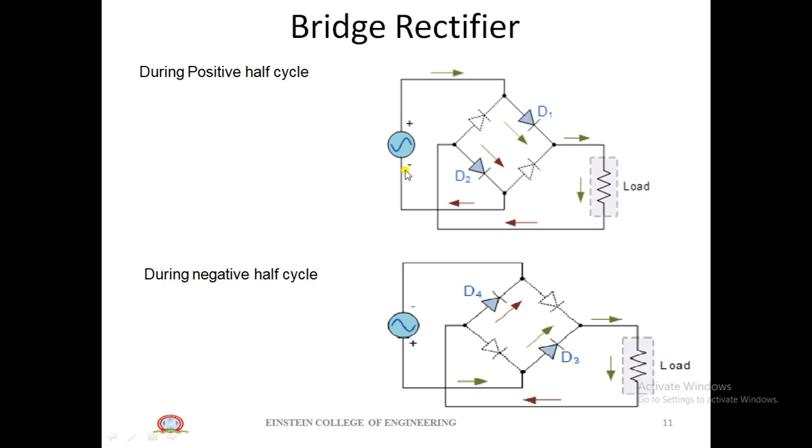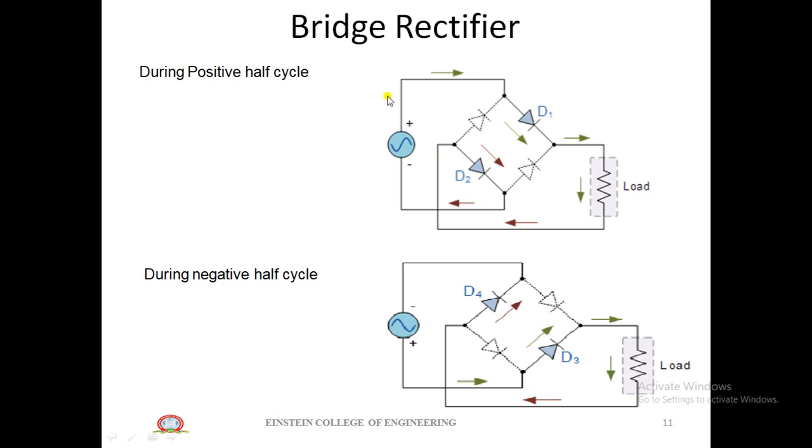This negative terminal is connected to the cathode of D2. So here D2 is forward biased and it is on, and D3 will be reverse biased. So during the positive cycle, D1 and D2 are on and D3 and D4 are off.